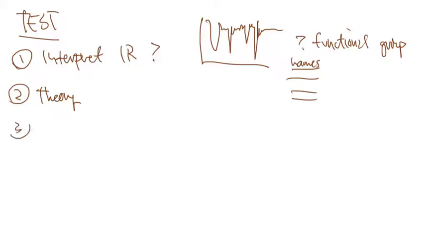Number 3, you're going to look at parts and pieces. Very similar to the UV test that you've already done, right? It's the same platform. What parts are involved? What pieces are involved? Pictures are worth 1,000 words.